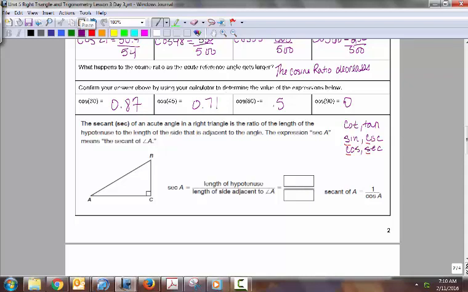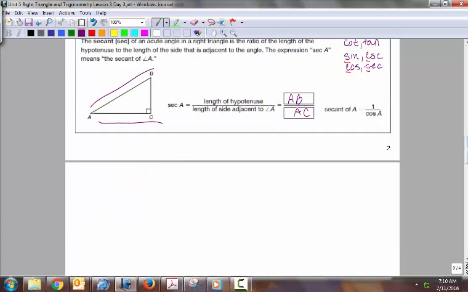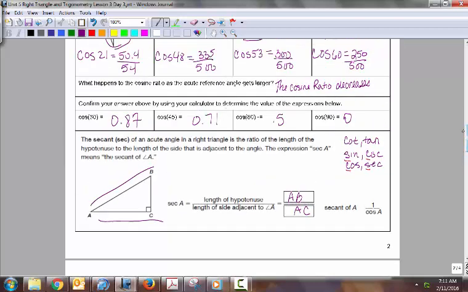So the secant of a reference angle is the reciprocal of the cosine. Rather than being adjacent over hypotenuse, it's the length of the hypotenuse over the side adjacent, or we could just take the reciprocal of the cosine function.